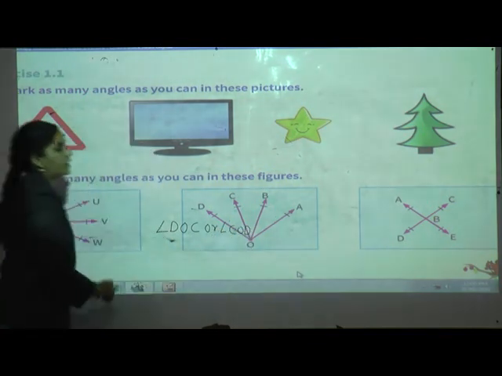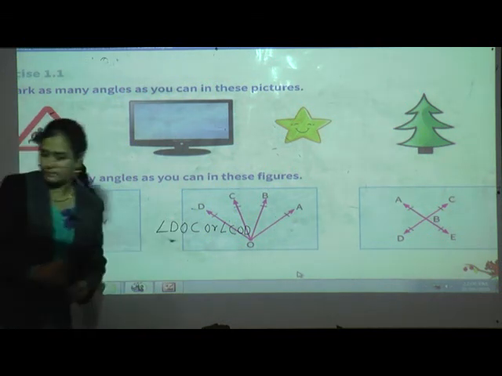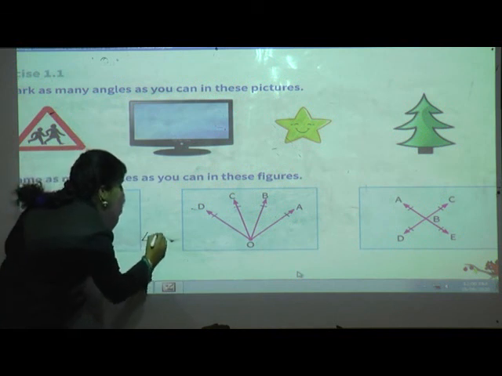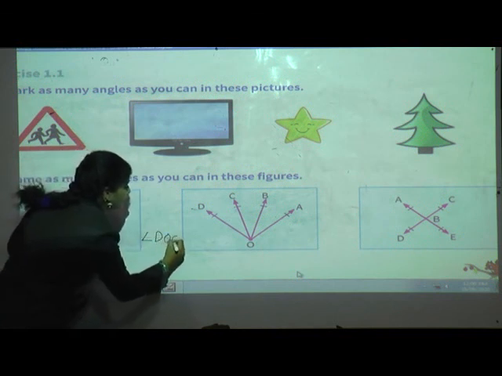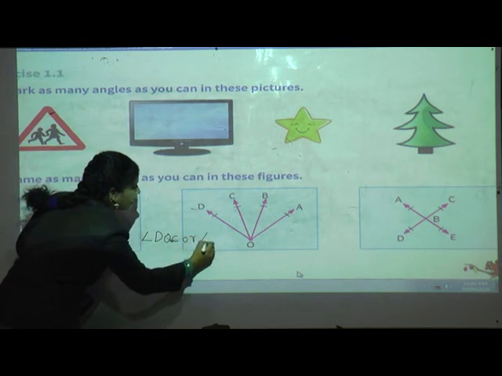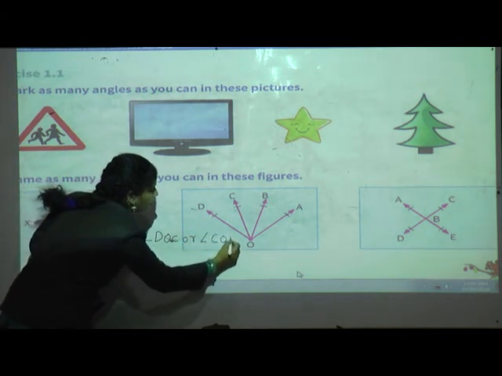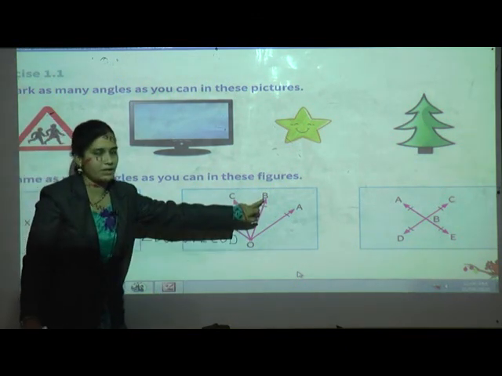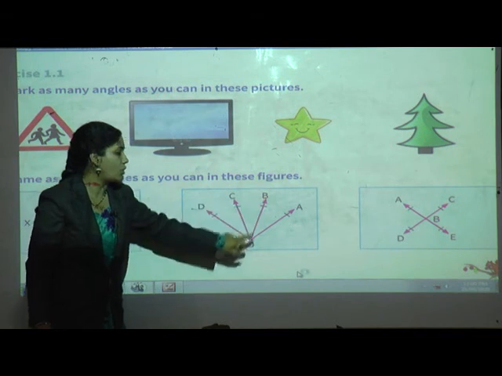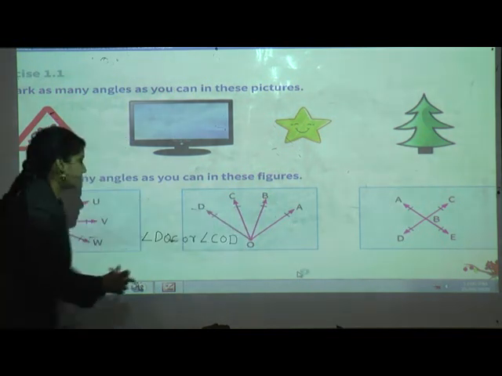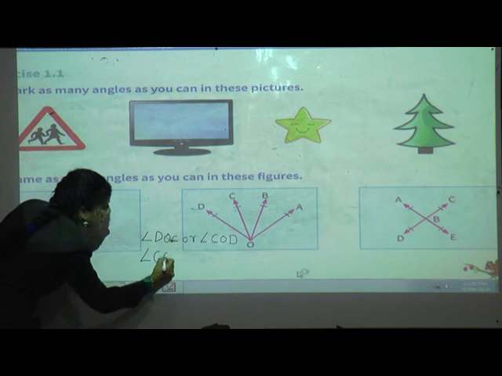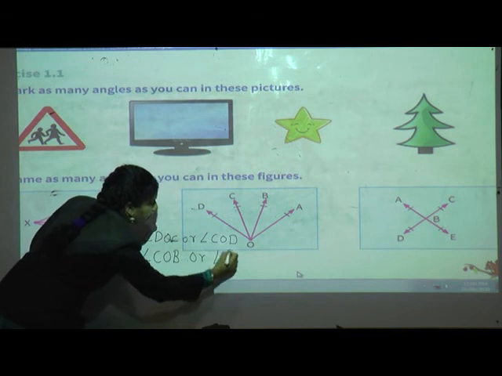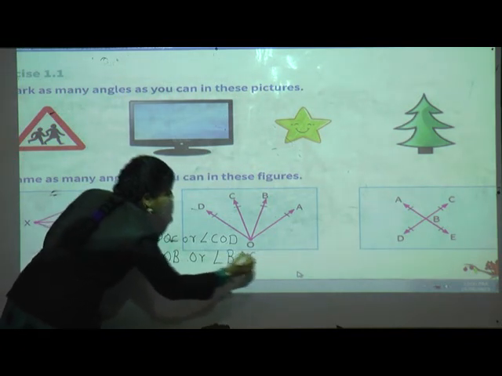Angle DOC or angle COD. See, again angle COB and angle BOC. Angle COB or angle BOC.